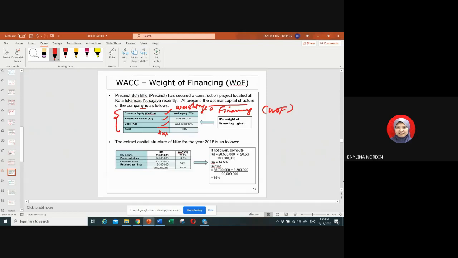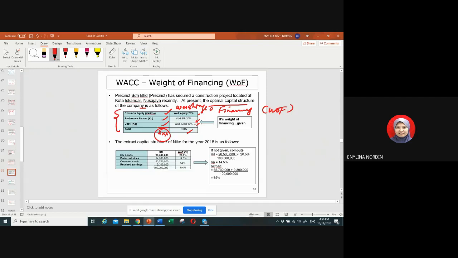Then 20% of the total capital is financed by preference shares, and 10% is contributed by debts. The total here would be 100%. So this is what we mean by WOF, the weightage of financing.